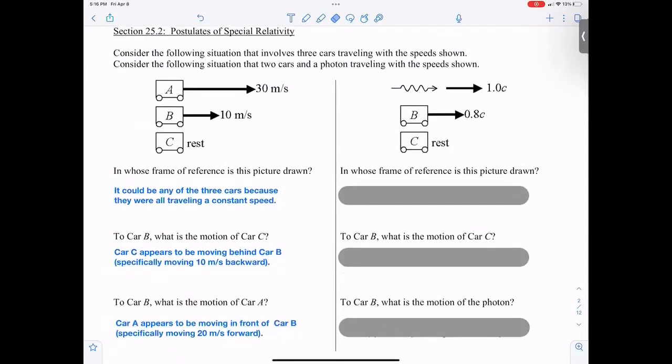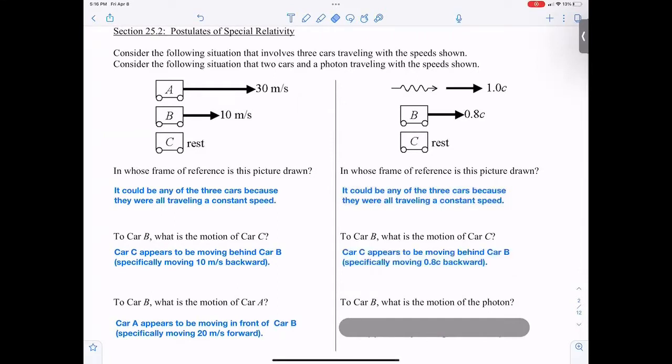In the picture on the right, we've got a photon traveling at c, the speed of light, a car traveling at 0.8 c, which means 80% of the speed of light, and then we have a car at rest. So in whose reference frame is this picture drawn? Same concept. All three reference frames are valid because all could be traveling at a constant speed.